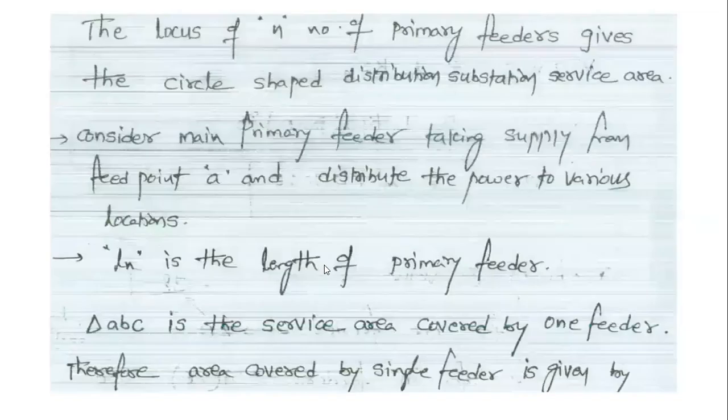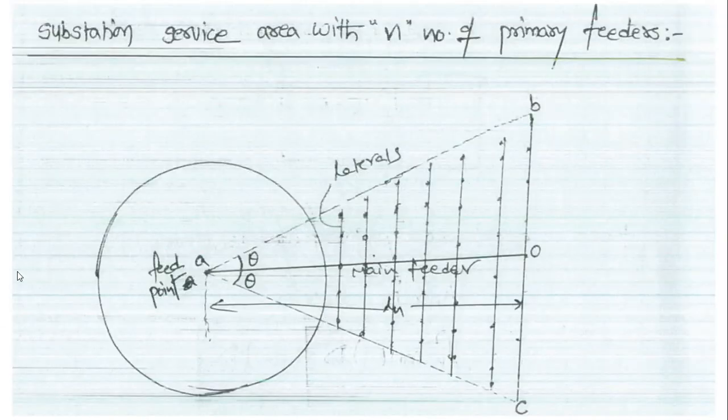Next, the location of n number of primary feeders gives a circular shape distribution system. This is the total n number of primary feeders given in the circular shape. 4 feeder lines means the square shape, and 6 feeder lines means the hexagonal shape.